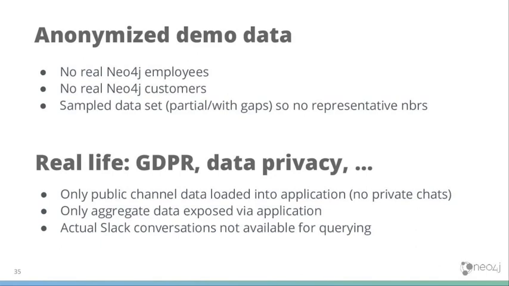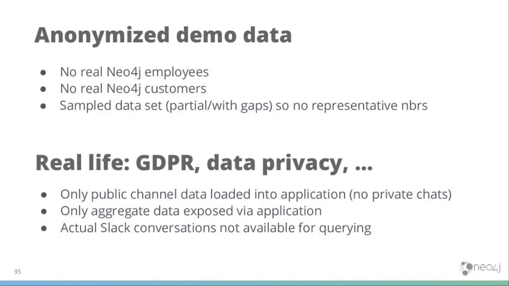That's deliberate. We've tried to anonymize the data as much as possible using some of the techniques that Neo4j allows you to, because there are certain restrictions on what you can do with private data. And that applies both to the development work as well as to what we rolled out.